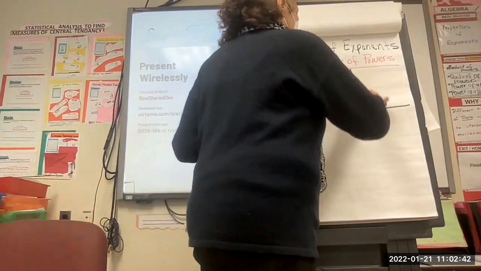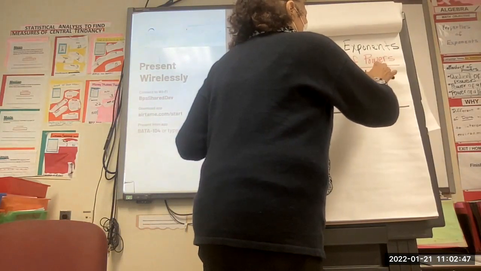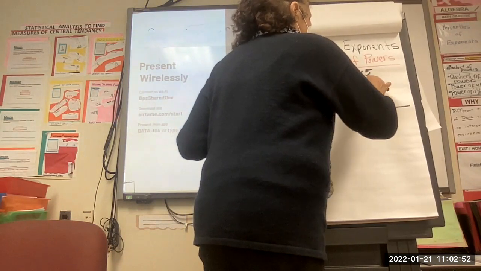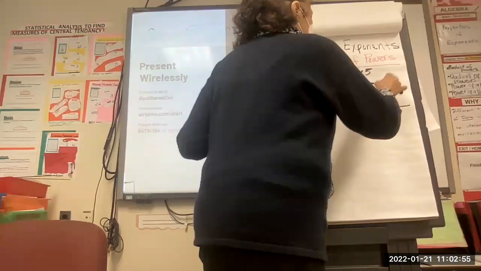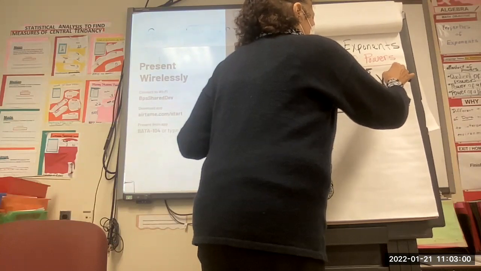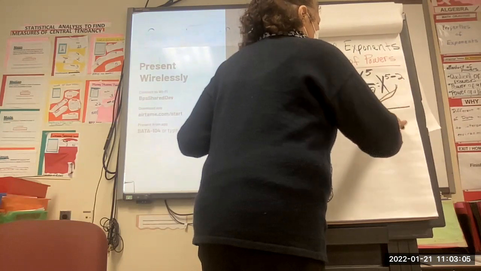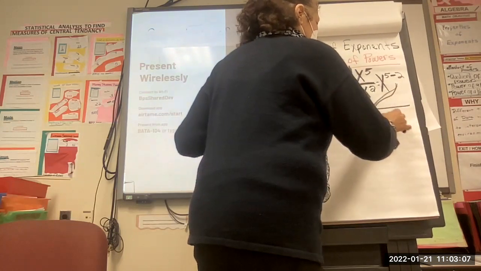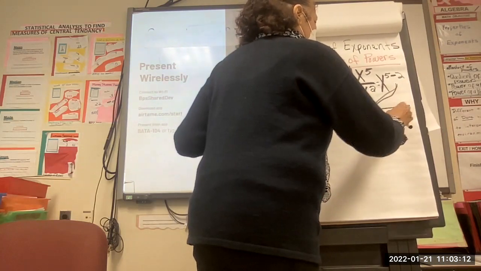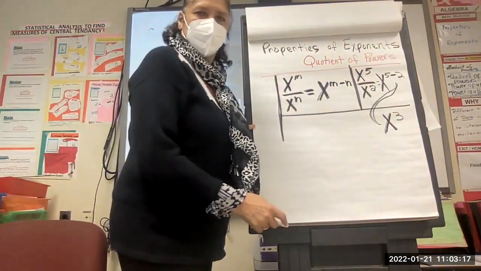So suppose I gave you x to the power of 5 divided by x to the power of 2. That would equal x to the power of 5 minus 2, which would give us an answer of x. Yes, exactly. I heard somebody say it. What did you say? X to the power of 3. You see?